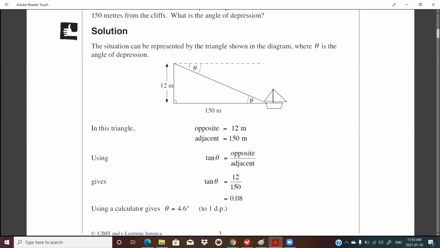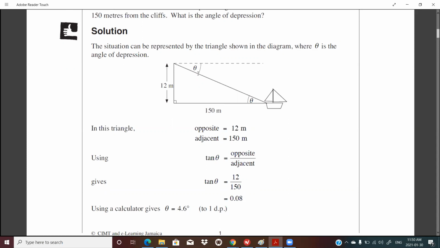Even though it says 12, from here to here is 12. And then 150 from here to here is also 150, because if you complete this line here, you get a rectangle, right?